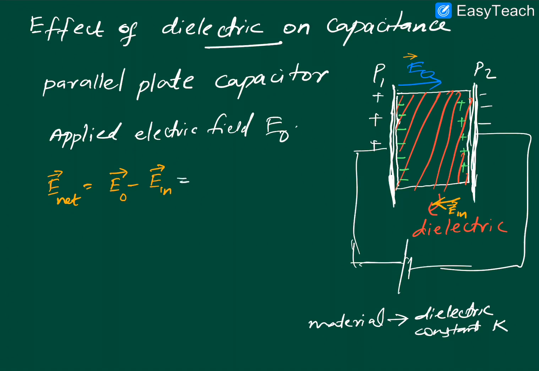So this will be the same as E0 by K. It means your E0 reduces by a factor of K, which is the same as E0 minus E induced. If you find E0 minus E induced, that will be equal to E0 by K. Now I am not using the vector sign, I just need the magnitude only, so I am just writing the magnitude alone.